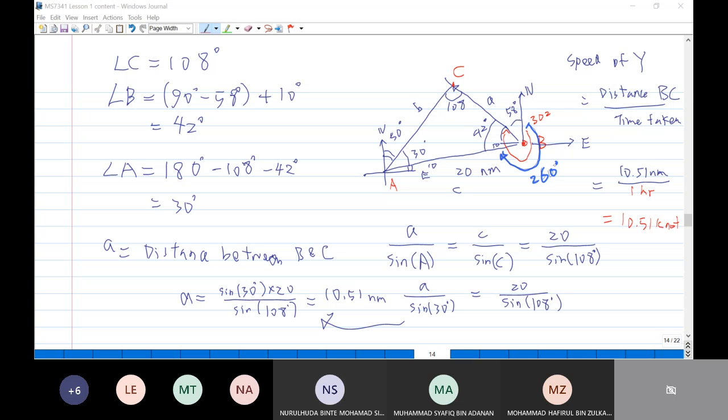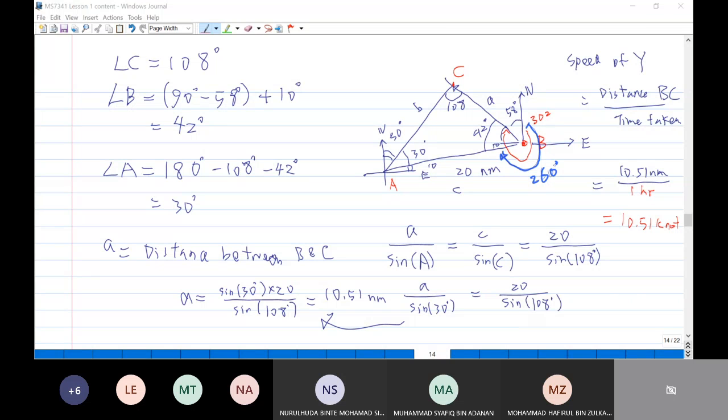Okay, so can you also find the speed of the vessel X? What do you need to find? In this case, you have to find out b now, right? b is the distance between A and C. So you can use the sine law again: b over sine 42 equals 20 over sine 108.